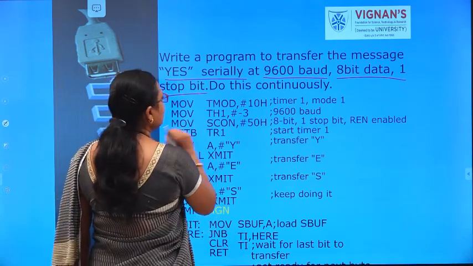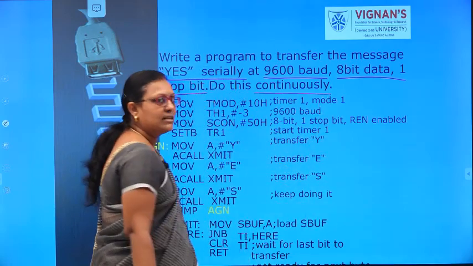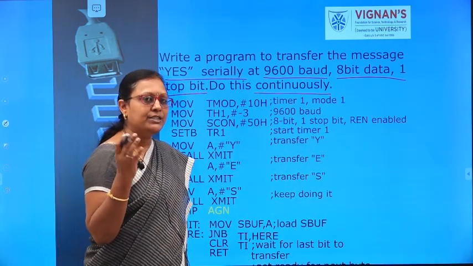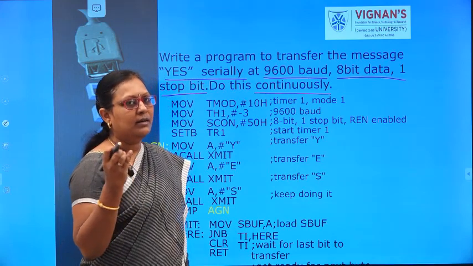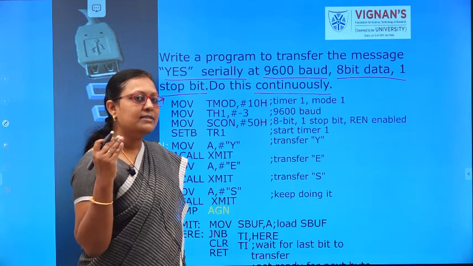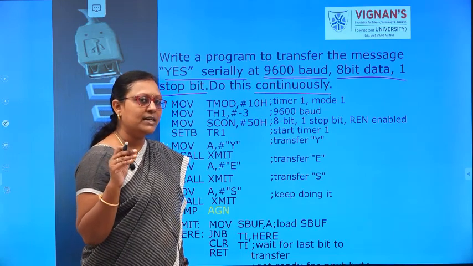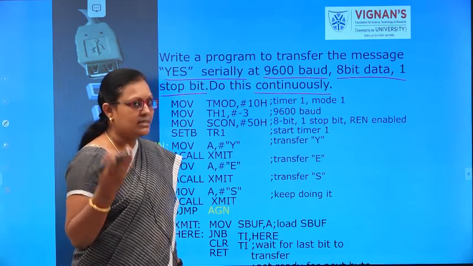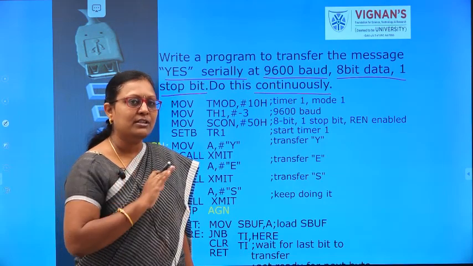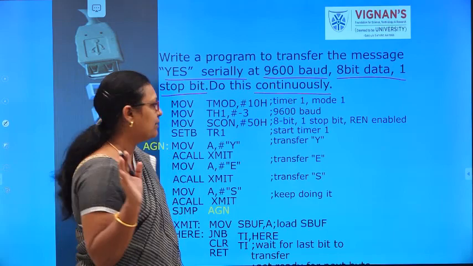Do this continuously. What are the things we have to do first? Initialize with mode 1, load the baud rate value, initialize the SCON register with the receive enable bit, and start the timer. These are the very basic instructions we have to give.